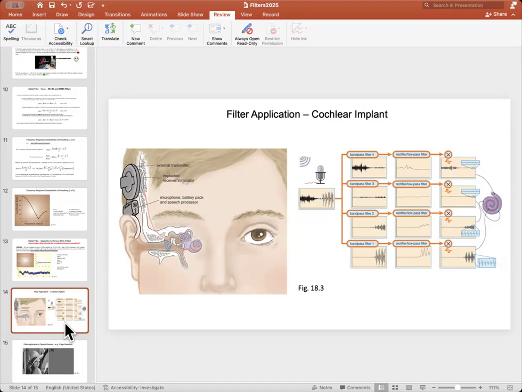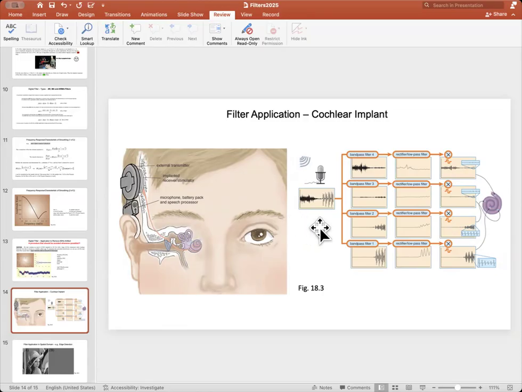What that system does is help to detect the different frequencies of the sound by using filters. On the right side you can see a microphone picking up a sound.